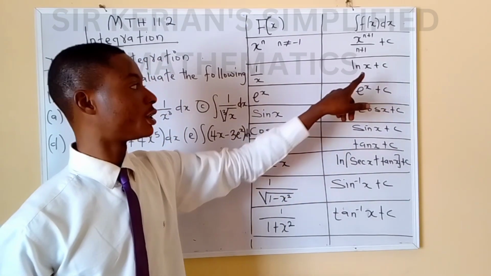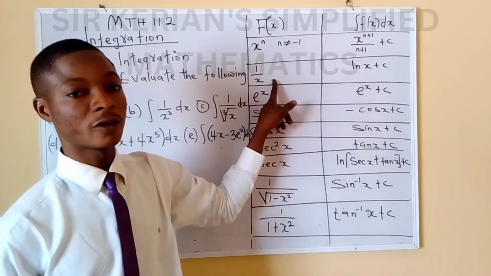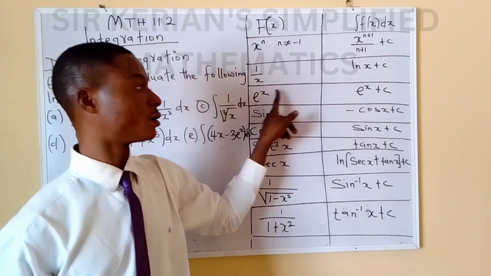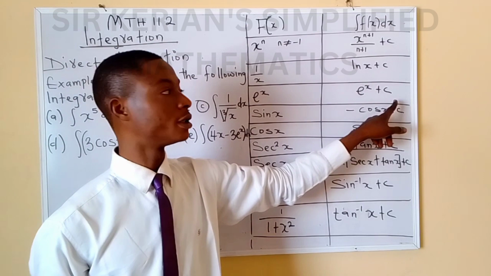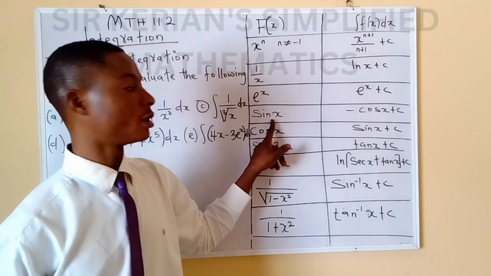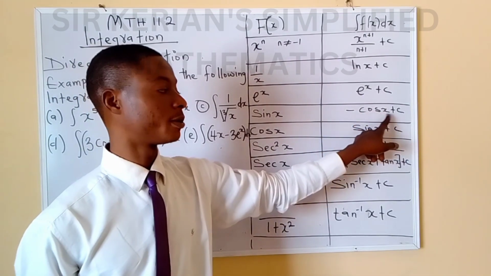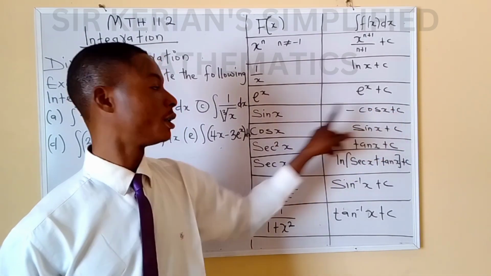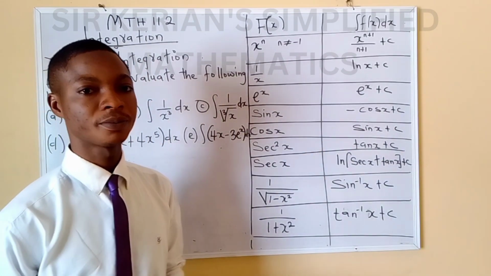That means if I differentiate ln x, I will have 1 over x. If you integrate e^x, you still have e^x plus c. If you integrate sin x, you're going to have minus cos x plus c. That means if you differentiate minus cos x plus c, you have sin x.